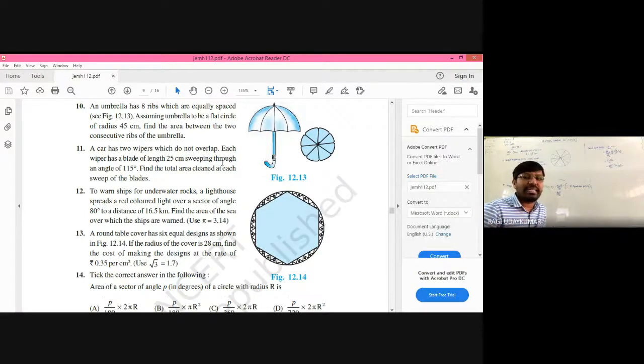What should we take this 25 centimeters as? Radius. Sweeping through an angle of 115 degrees. Find the total area cleaned by each sweep of the blades.